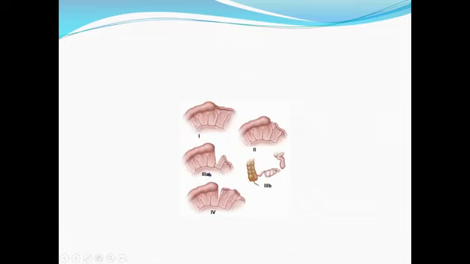This is another type. Here there is no fibrotic scar, fibrous tissue, or any other component to bridge the two segments of intestine. One is a dilated segment and another is a constricted segment.